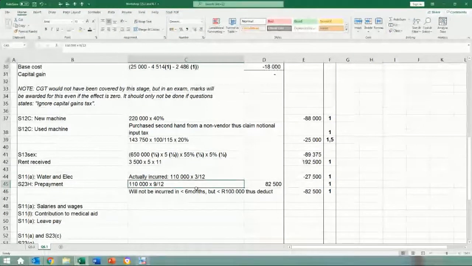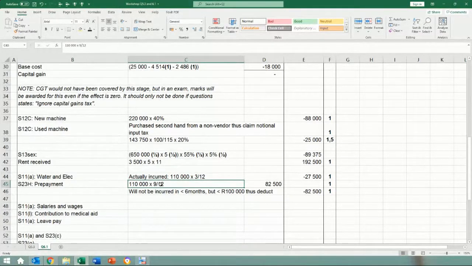But because it's not incurred in less than 6 months, but it is less than 100,000, we can then deduct that full amount. So you need to show the prepayment element as well. If we were not allowed to deduct it, you would show 0 here, and you would then also get a mark for that. So you need to specifically indicate that there is a prepayment and whether you're allowed to deduct it, yes or no.